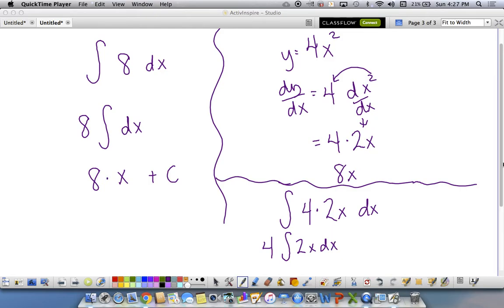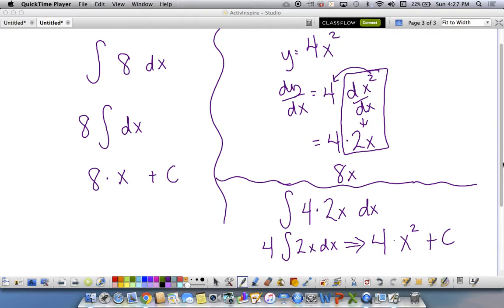Whose derivative is 2x that you know? And we could look back up here. Whose derivative is 2x? And you would say x squared. So this is really 4 times x squared plus that constant c.